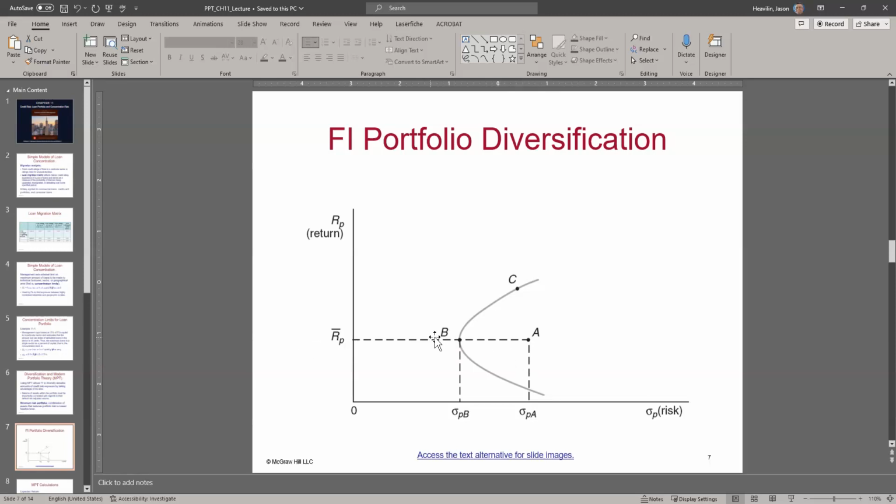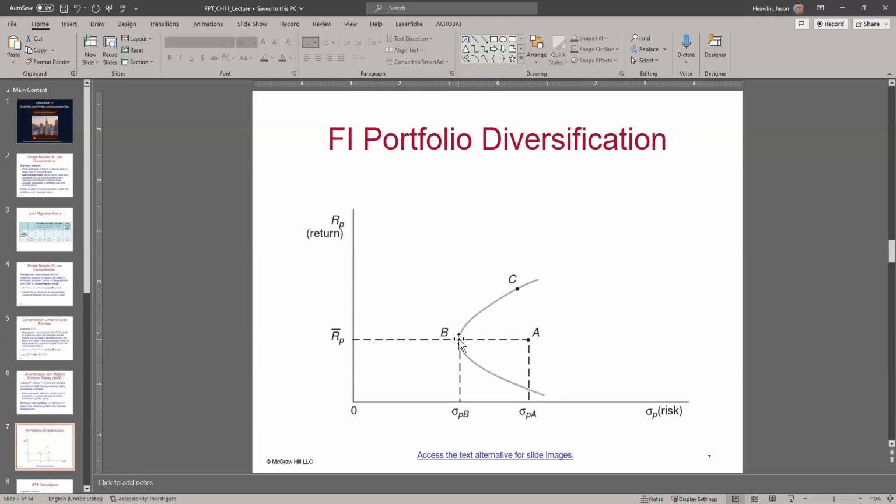The reason the line is there is because you don't want to invest or have anything in this line below. And the reason is because if the y-axis is the returns and the standard deviation here's the risk, let's say you have one on this point on the line. Well, for that level of risk, you might as well be in this point of the line because you get more returns for that level of risk. So you never want to be in this line.